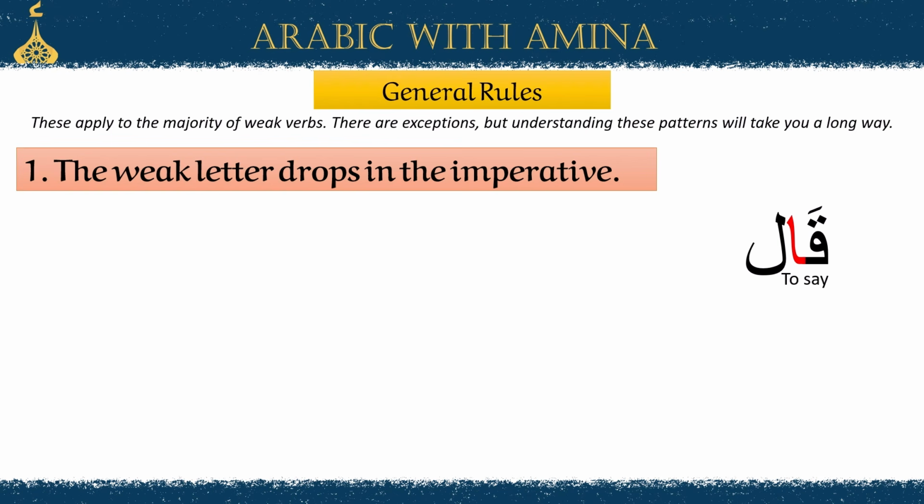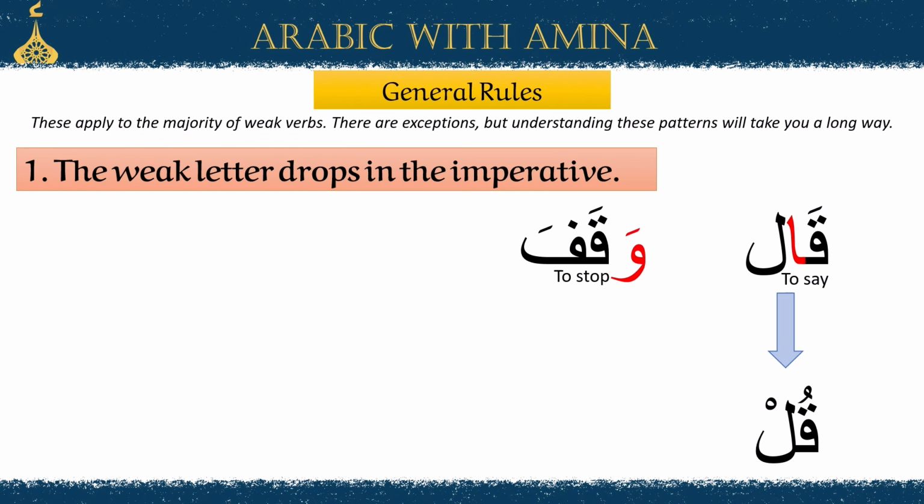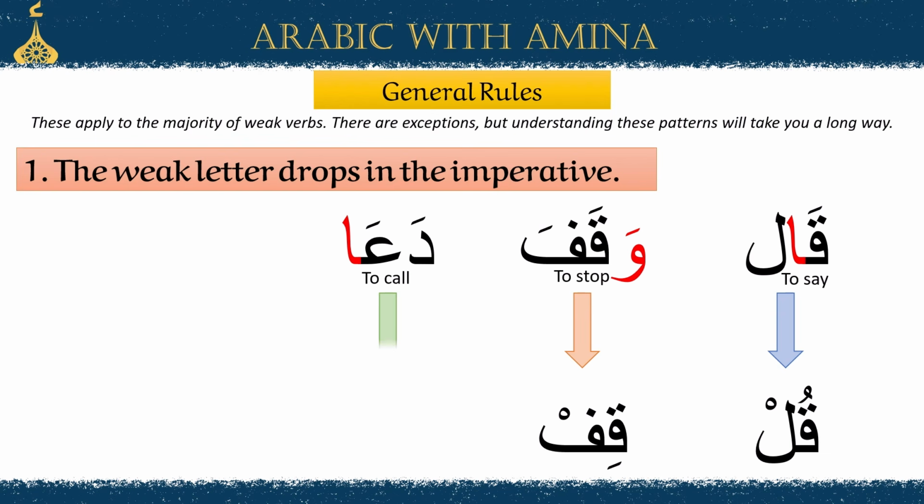Let's look at a few examples. To say in the imperative is قل. وقف, to stop. قف. دعا, to call. ادعو.